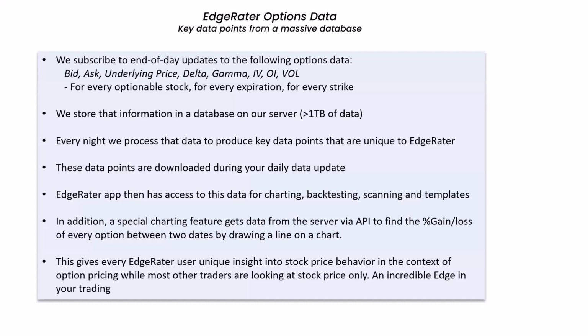And every night after that data comes into our server, we process that, and we produce some key data points that are unique to EdgeRater. And those data points get downloaded to you in your EdgeRater program when you do the daily update. And then your EdgeRater program will have access to that data for charting and backtesting, scanning, and templates, which is where the template straddle busting comes into play.